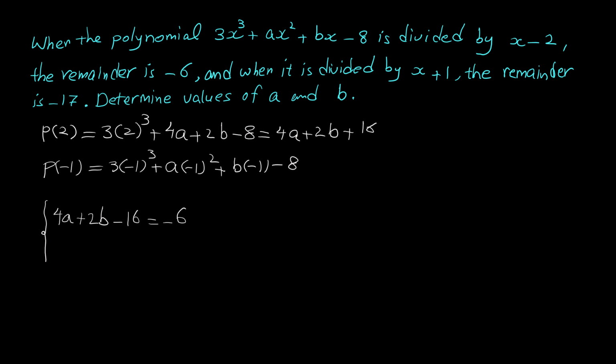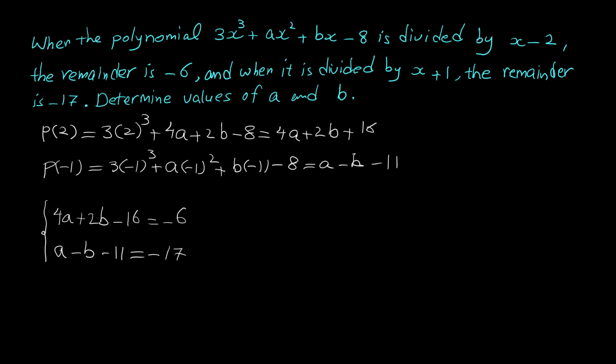With the negative 8 at the end, this is in total negative 11. Negative 1 squared is 1, times a is a, so this equals a minus b minus 11. Based on the information given, this should equal negative 17.